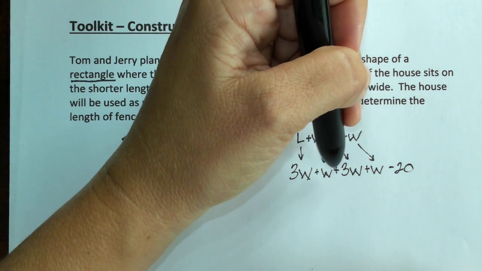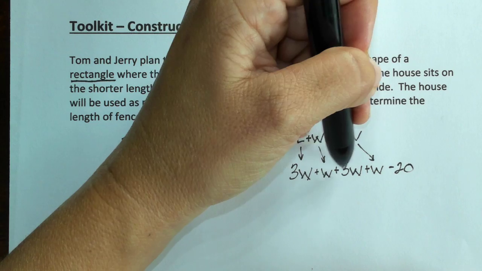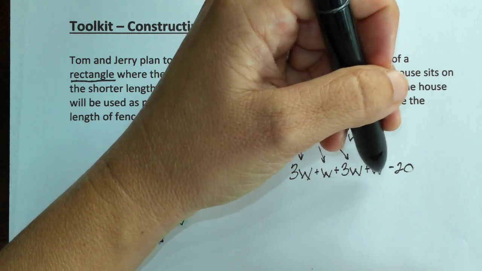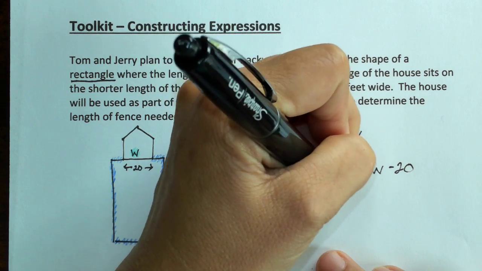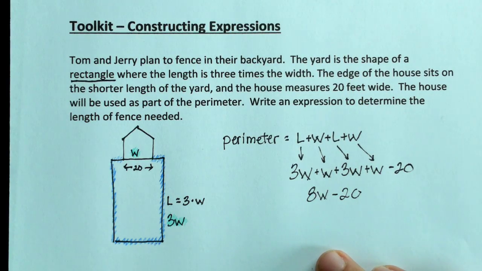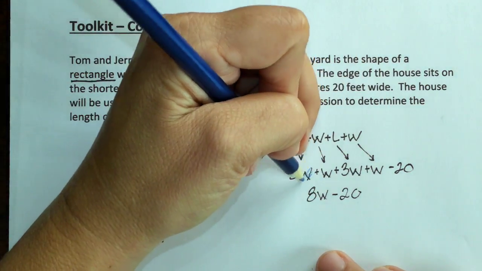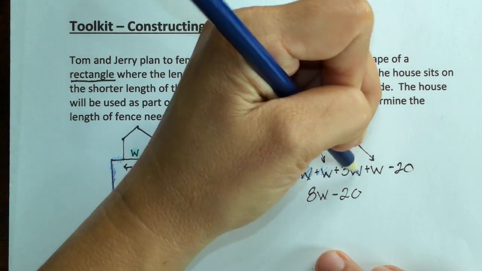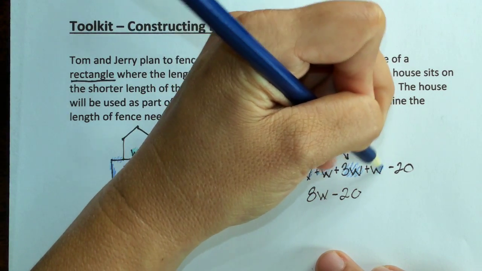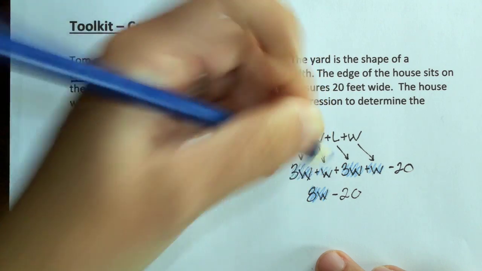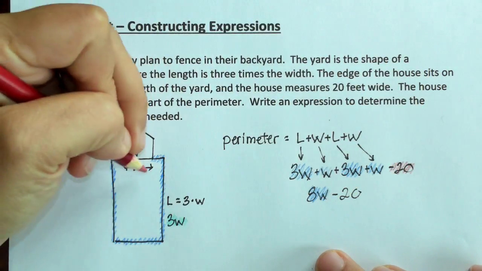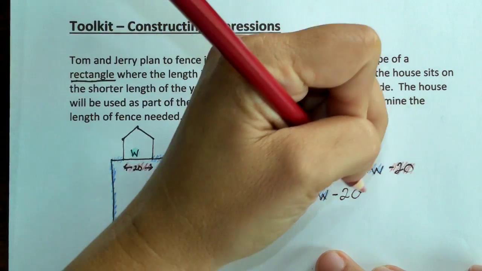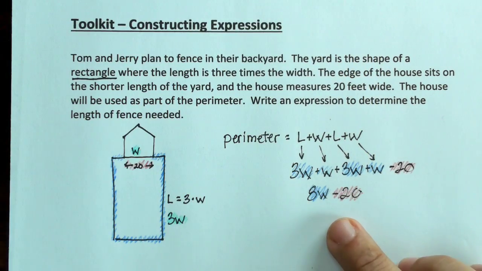So I've got 3W plus 3W is 6W, plus a W is 7W, plus another W is 8W minus 20. So all of these were the same term, and what I just did was I combined all those. All of those became 8W minus 20, and there's your subtract 20 there. And those cannot combine, so there's your final answer.